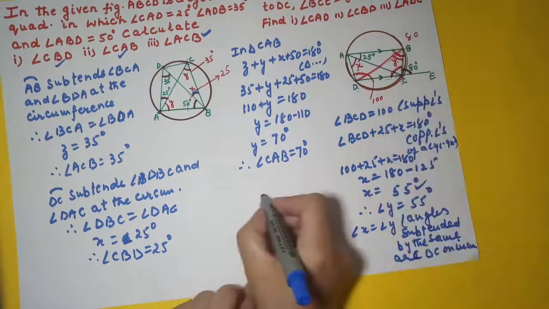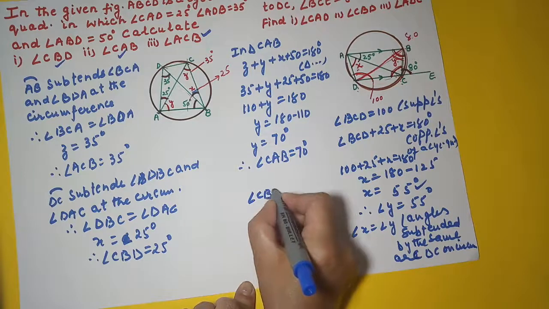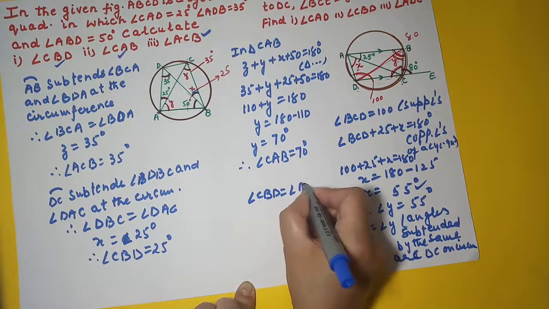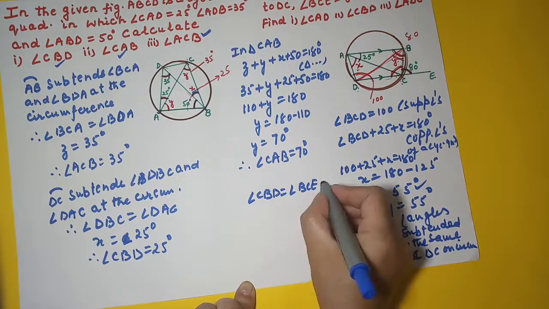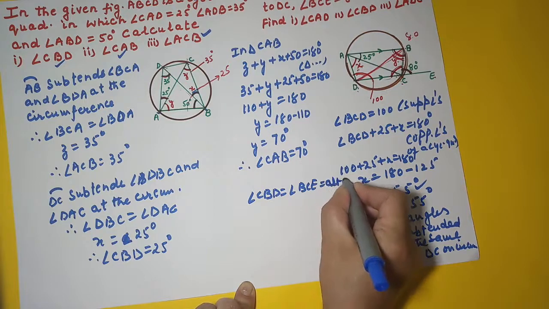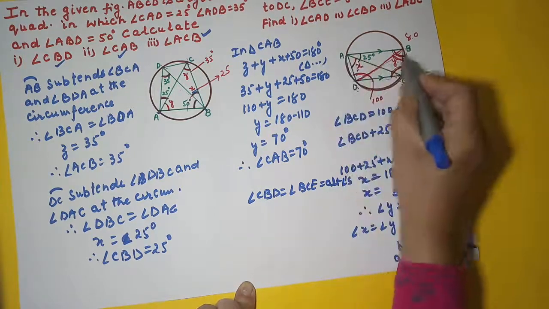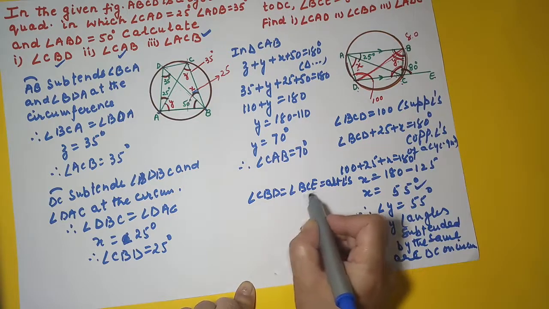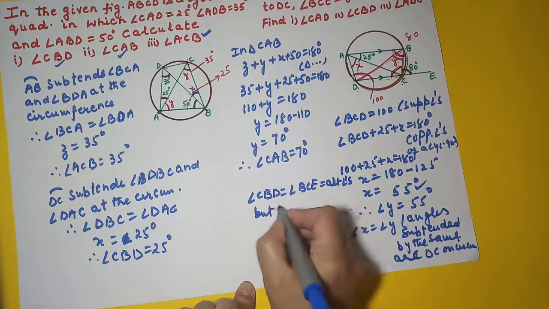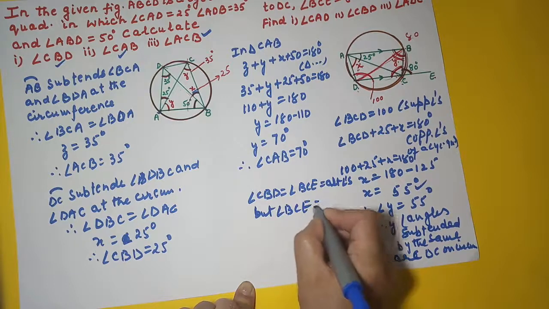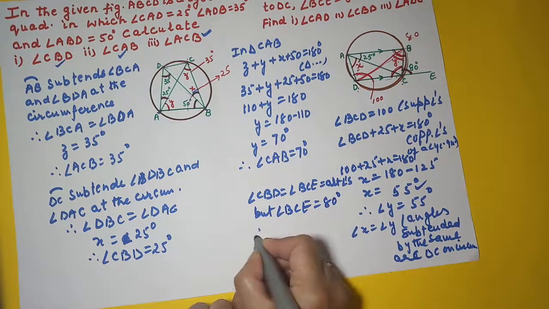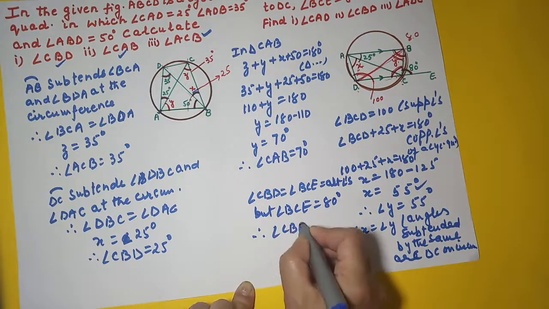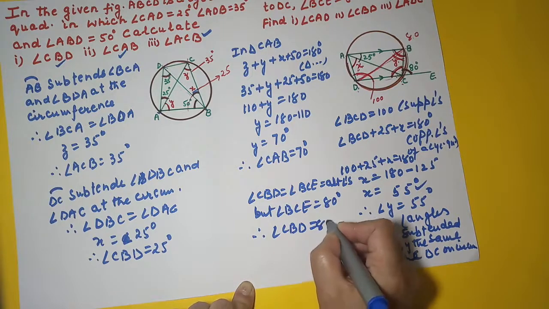Now, you can write angle CBD is equal to angle BCE. Why? Because they are alternate angles, because line AB is parallel to line DC. But angle BCE is equal to 80 degrees. Therefore, angle CBD is equal to 80 degrees.